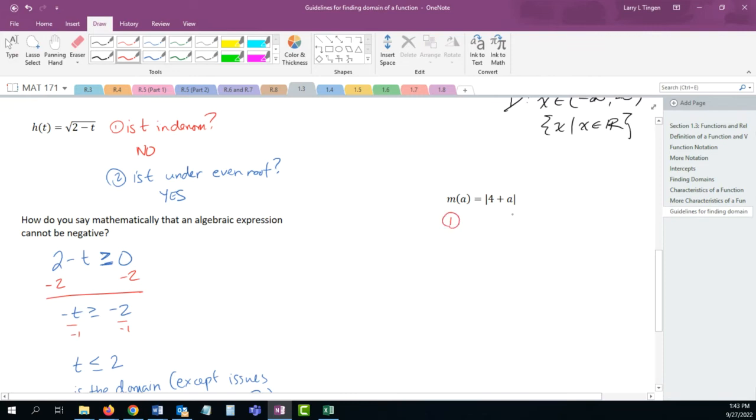Don't think, oh, absolute value only returns positive numbers. No. There are two questions you ask for domain. Is the variable, and for this it's a, in the denominator? No. The last part, oh sorry, I'll come right back to it. Is a under an even root?